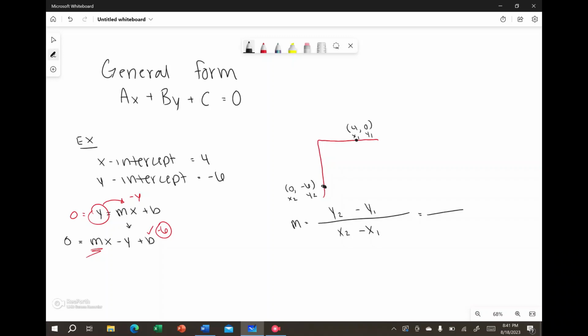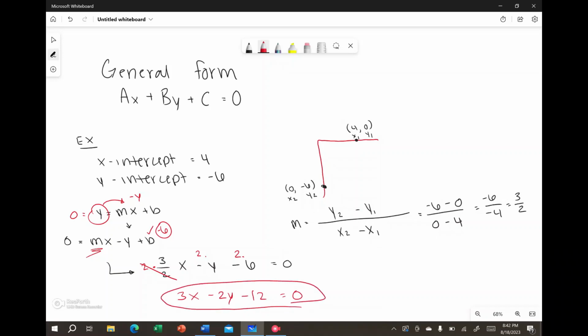In a previous video I showed you guys how to find the slope with 2 points, and it's done here, where it's eventually calculated to be 3/2. So now I'm going to simply plug and chug these values, and I can go a little further by multiplying each value by 2 to clear that fraction. So I'll get 3x minus 2y minus 12, which is the general form of the equation for this example.